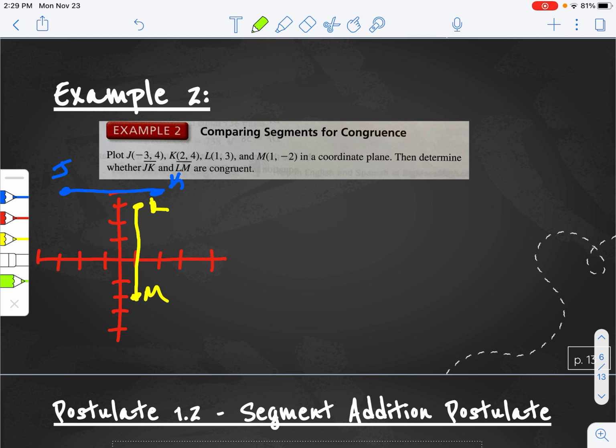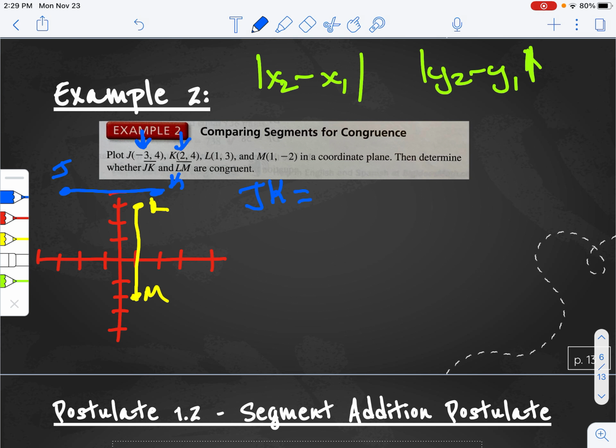All right. So if we're finding the distance, remember our distance formula is the absolute value of x2 minus x1. Now don't let this deceive you. It could also be talking about y2 minus y1, and we'll look at that in a second. If we're looking at J and K, this is a horizontal line, so we'll want to be looking at our x coordinates.